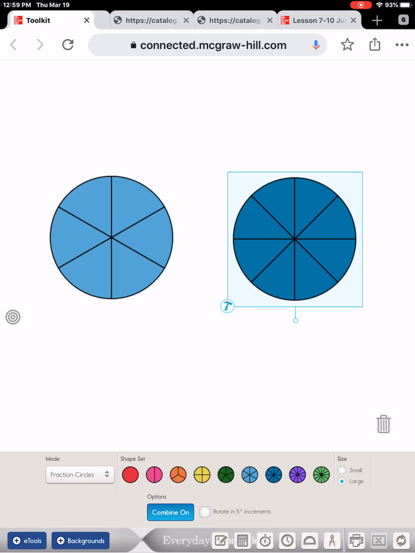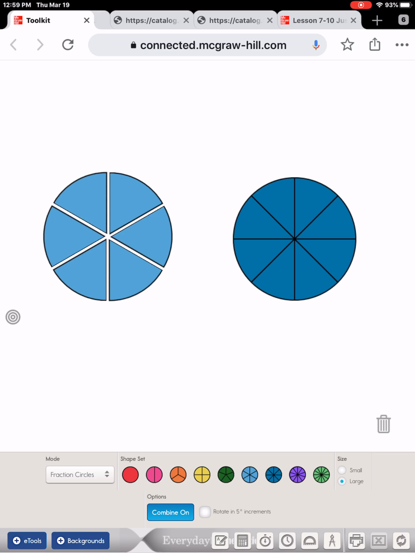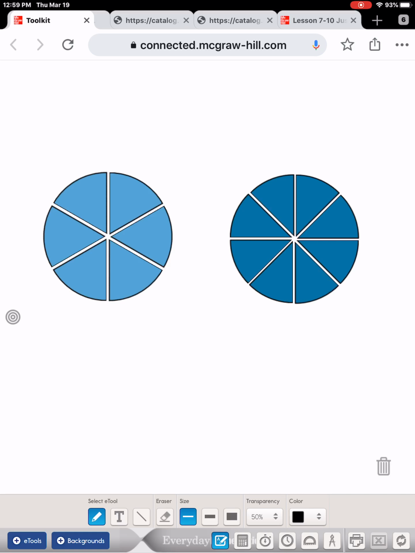So you can see this fraction circle is broken into 6 equal parts. I'm going to break them up. This quesadilla is broken into 8 equal parts. This is Lucas. This is Mara.